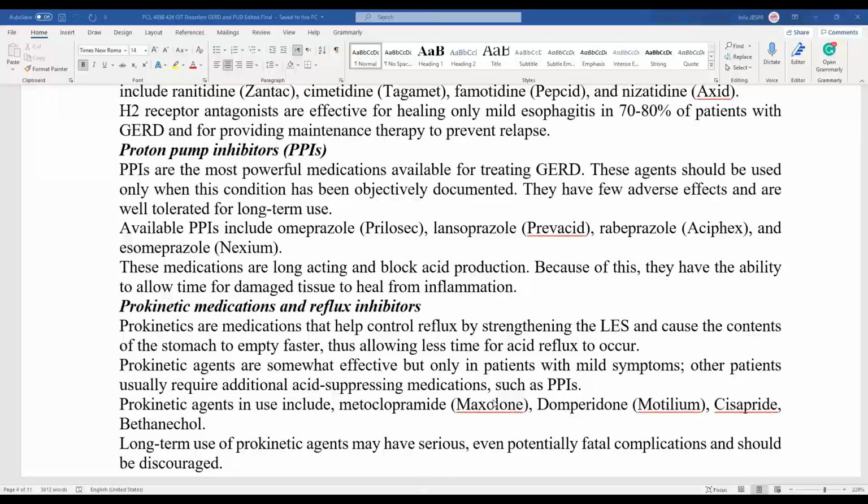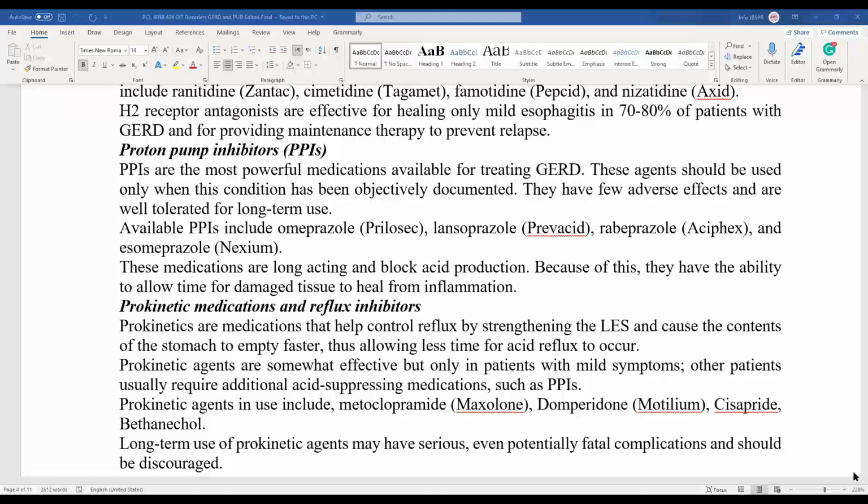Has anybody come across other uses of Maxolon? To stop vomiting. Yes. And it's the same process because it helps to move the gastric content further away from the upper part. So it helps to stop vomiting.